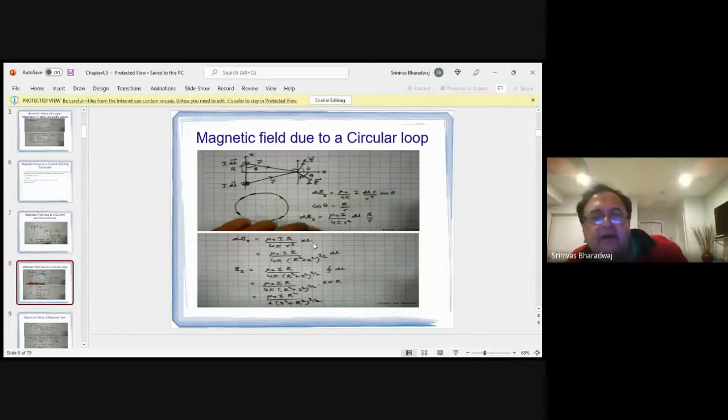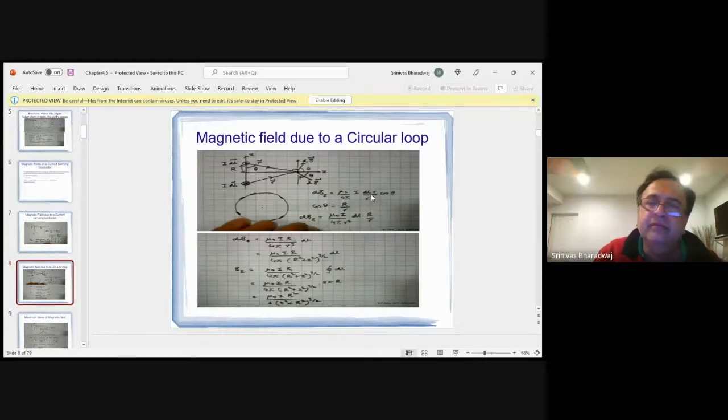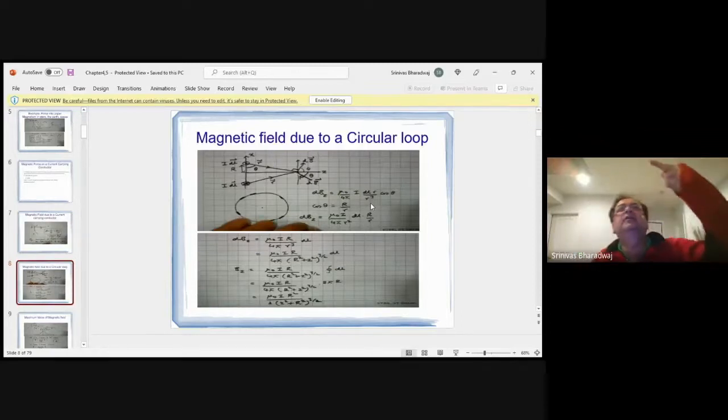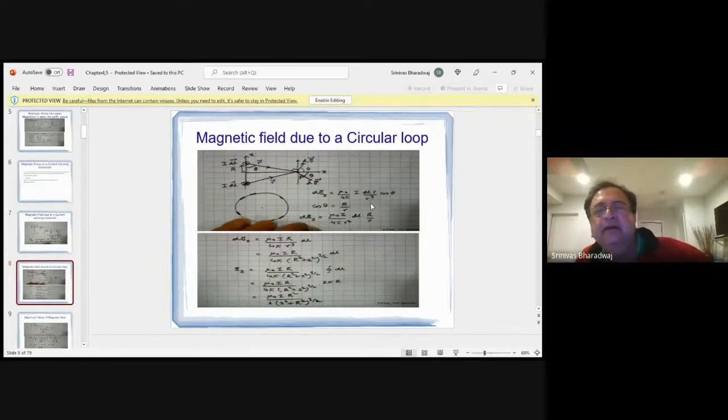Note that this r is a constant, because it's a circle and you're looking at a point on a line through the center. The radius is r and the perpendicular distance is some constant z, so it's a fixed value, which is r squared plus z squared.